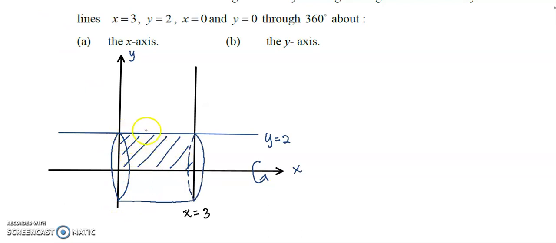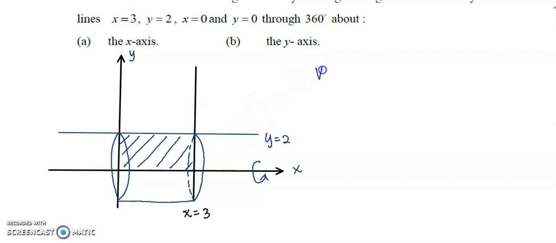The height of the cylinder is 3 units, from 0 to 3, and the radius of the cylinder is 2 units. Now we're not going to use the formula to find the volume of the cylinder, but we're going to use the technique of integration to integrate this function, and we will automatically get the volume.